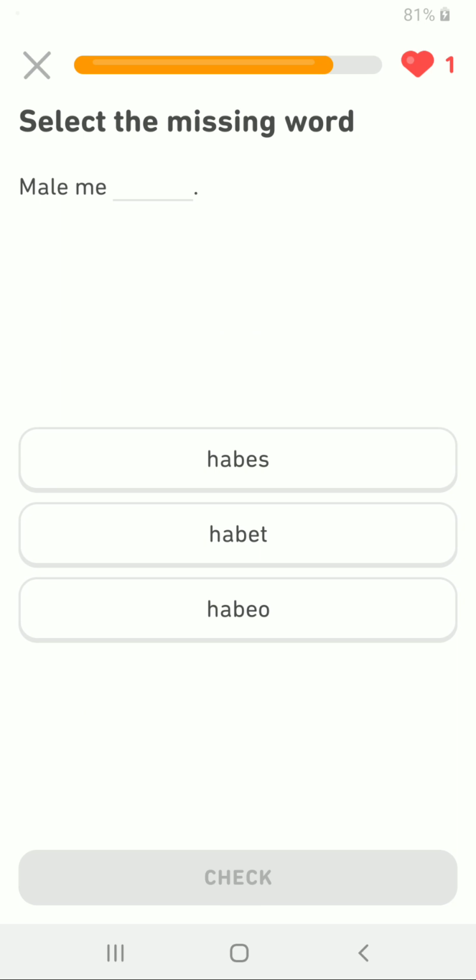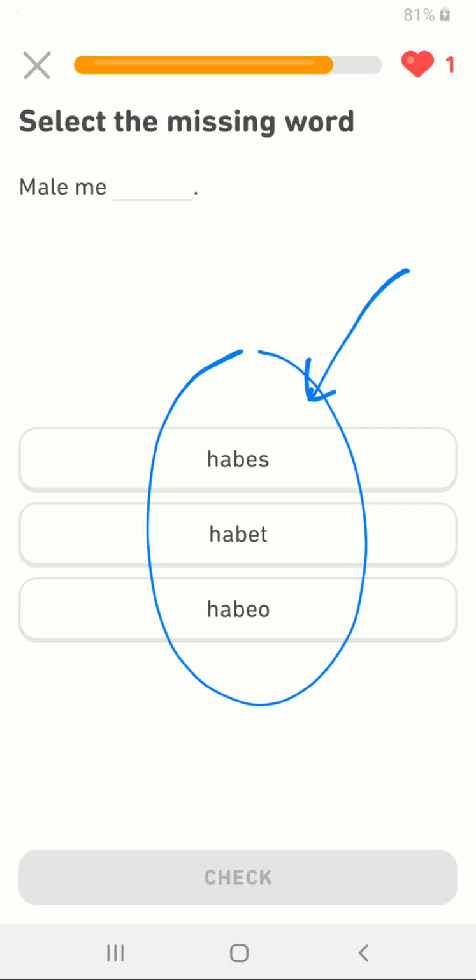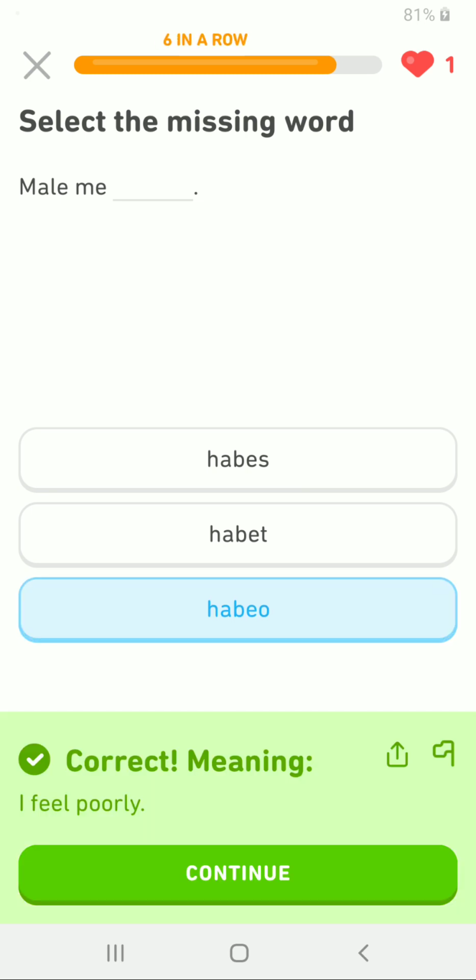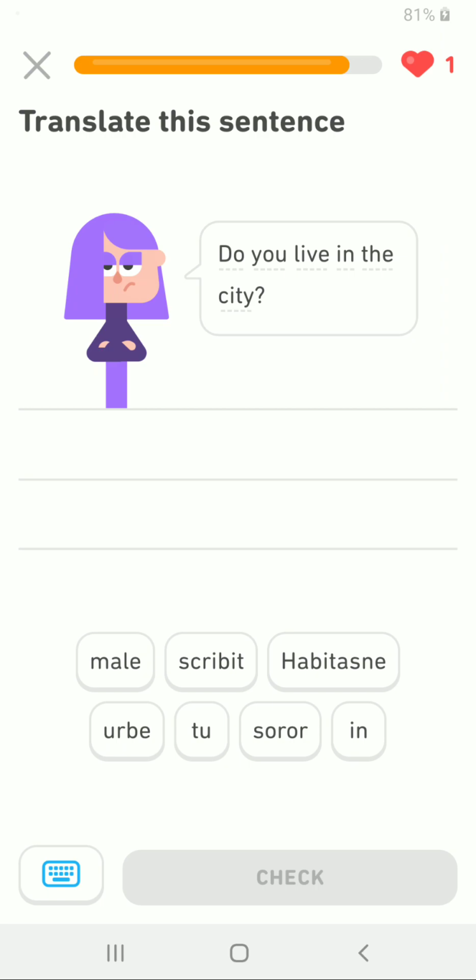And male me habeo. Okay, perfect. We have habeo, habes, habet. So I have, you have, and he or she or it has, habet. Perfect. So what is the correct one? Male me habeo, because it's for I.